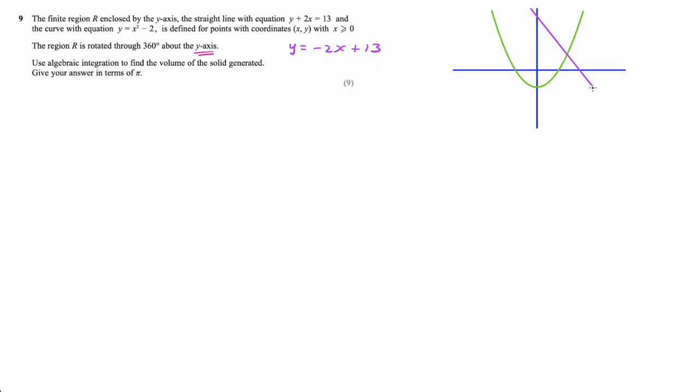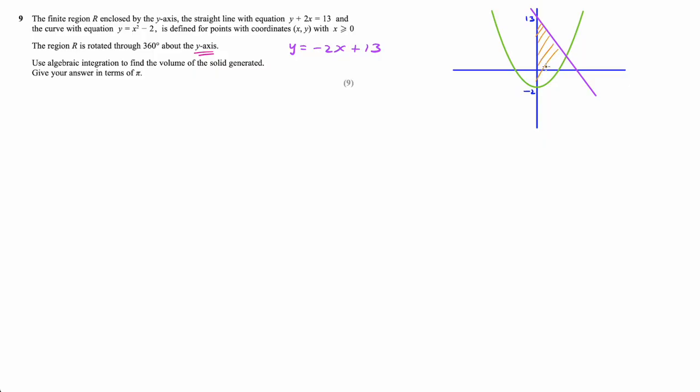Okay, it's going to do something like that. Now in this graph, this is -2, because from the quadratic, when x is 0, y is -2. And this is 13, because from the straight line, when x is 0, y is 13. The region we're talking about is the region enclosed by the y-axis, the straight line, and the curve. The region is, well, it's this region here.